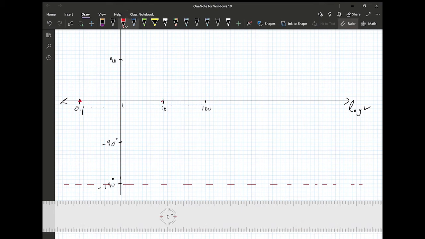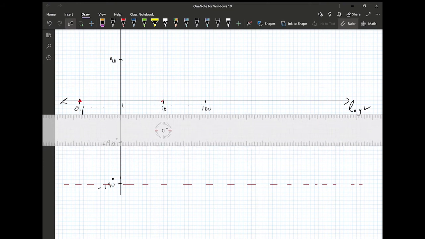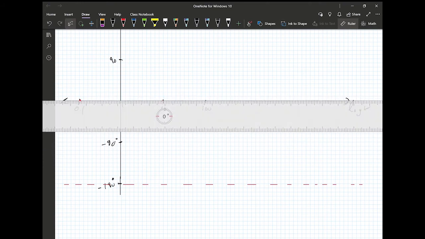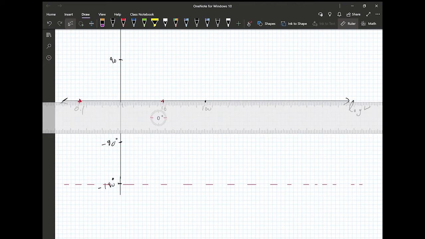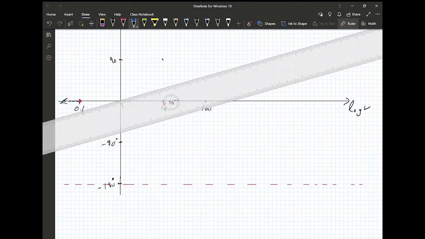And let me move to blue. So 1 decade below, this is a 0, right? So we're gonna start at 0 degrees. Right? And then 1 decade above, we're gonna go to 90 degrees. And the angle is gonna be 45 degrees per decade.